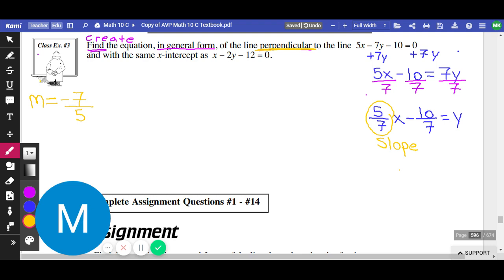Awesome. Now, I need to have the same x-intercept. So find the equation in general form of a line perpendicular, we've done that part, with the same x-intercept. X-intercepts to us are random points, so our line is going to have a random point.